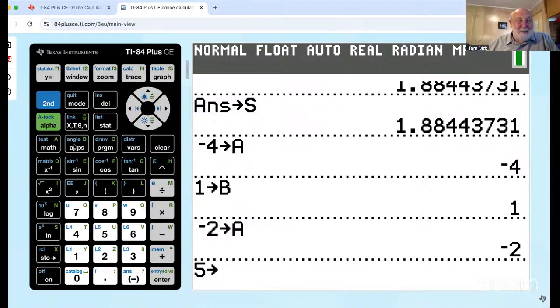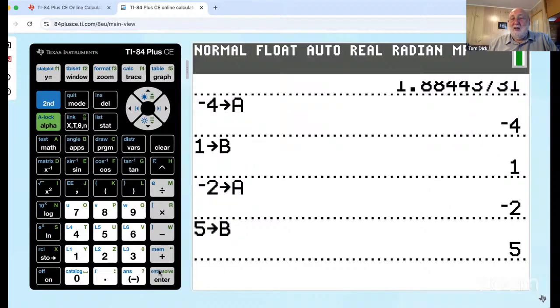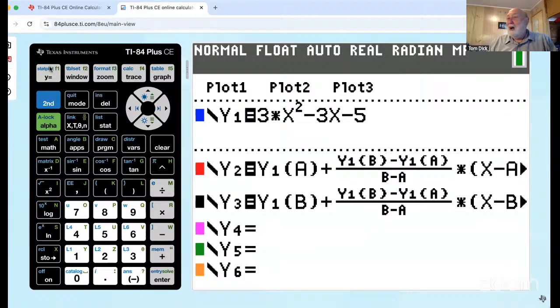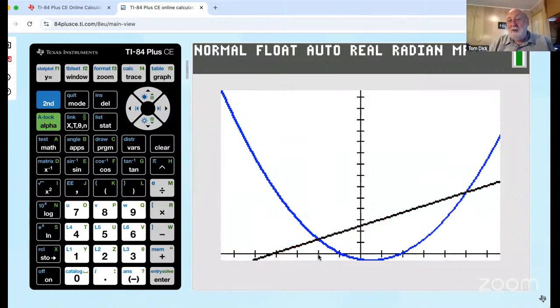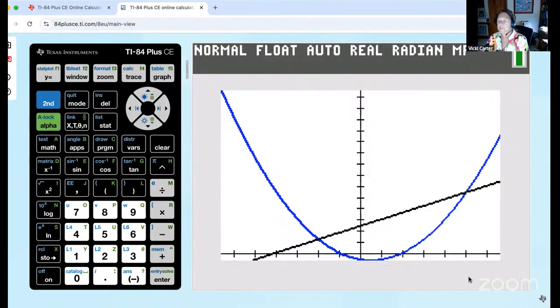I mistyped, but we're just playing around here. Here we go. So I entered those two. If I go back to my y equals, I'm not going to edit anything at all. I still want my same parabola there, but the y2 and y3 will have different values. They're good to go. Oh, there's a new secant line, and this one is going through points corresponding to x equal -2 and x equal 5. Very cool.